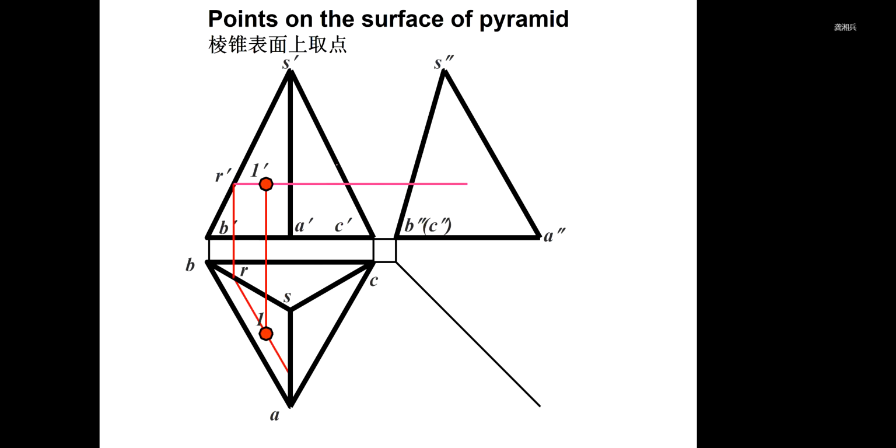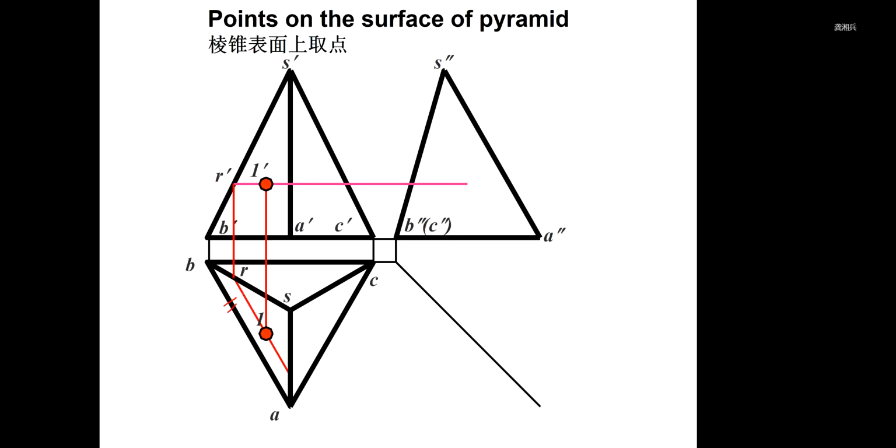Just like you cut the pyramid with a horizontal plane, and this plane cuts across point 1. You get an auxiliary line because this line should be parallel to this plane, just like moving a plane, like the ABC plane, up to the top, and you get the cutting here.